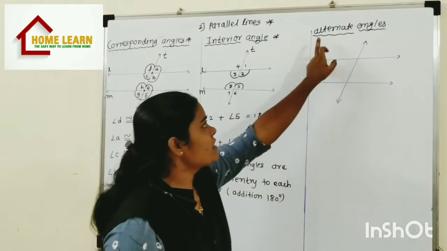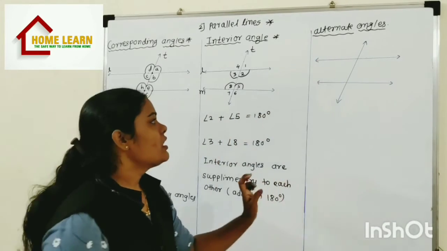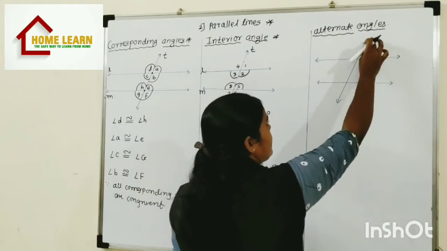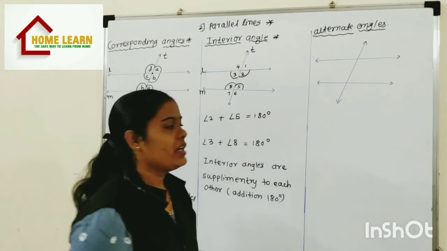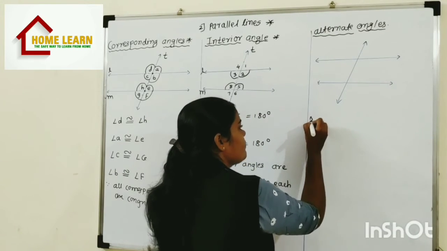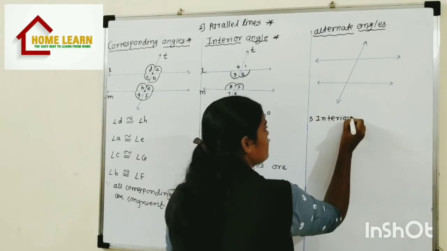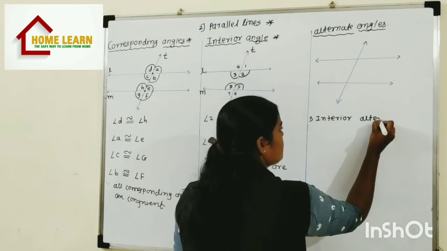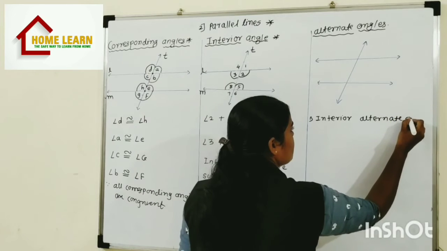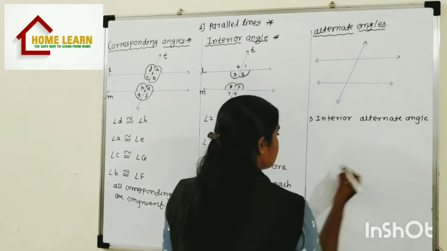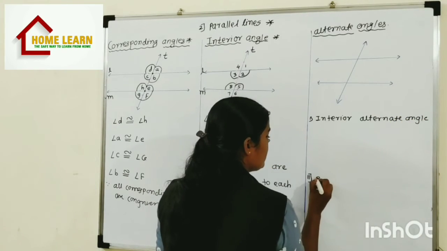Now the next one is alternate angles. For alternate angles there are two types: one is interior alternate angle and the second type is exterior alternate angle.